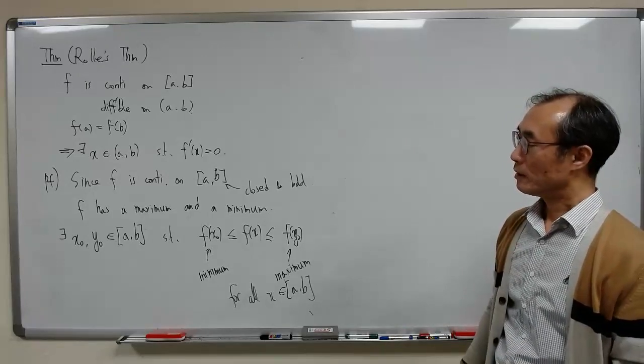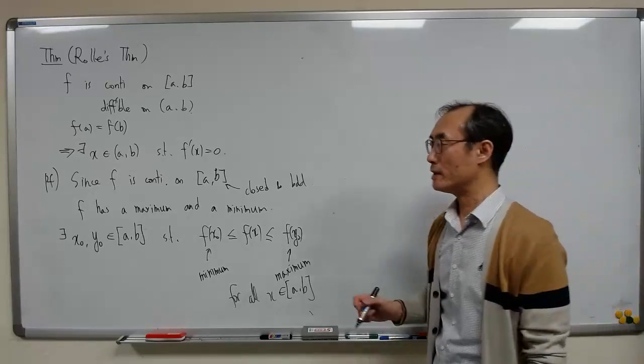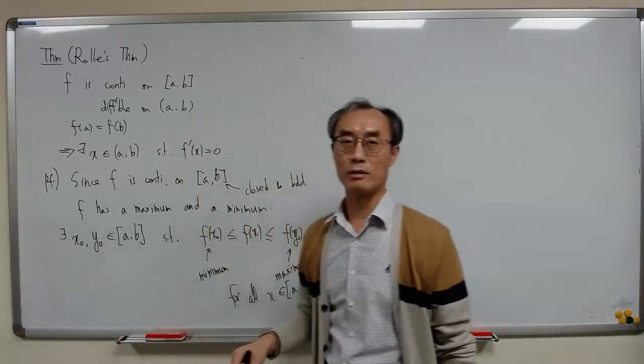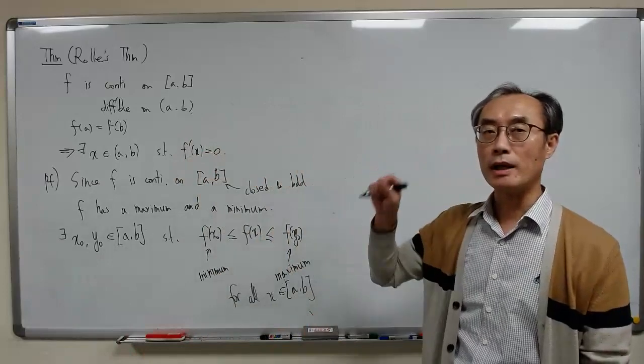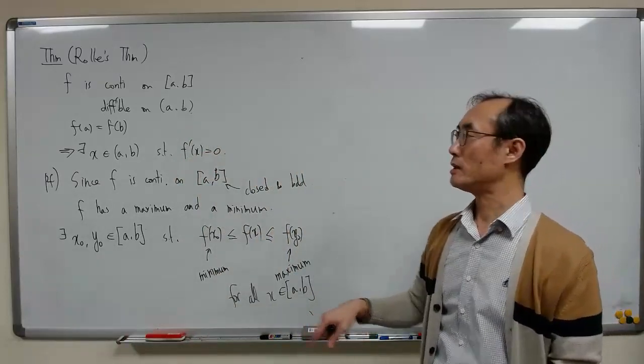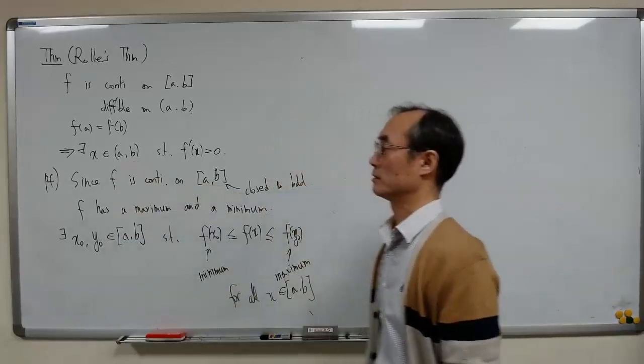Here, our claim is that either x naught or y naught is actually inside of the open interval from A to B. Okay, inside of the open interval.